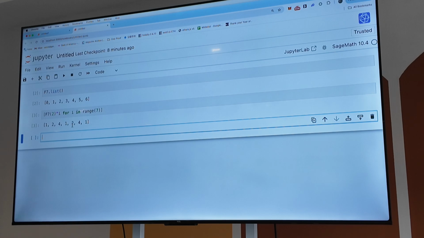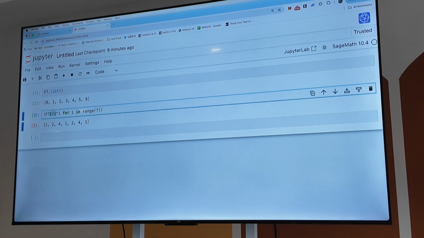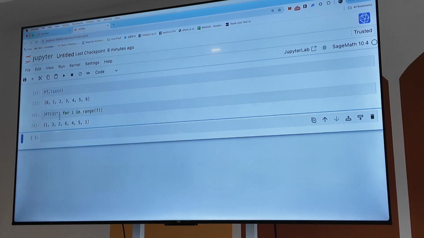Yeah, 2 is not primitive, sorry, it was a random guess. Oh yeah, 3 is the primitive element of F7, because we can get all the elements of F7 except 0 by multiplying 3 by itself repeatedly.